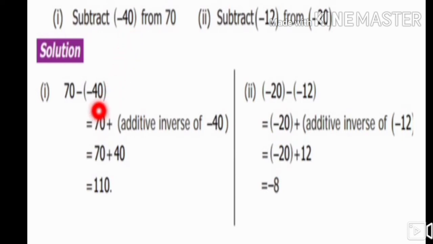As we have learned earlier, subtraction of the negative integer lands up at adding the additive inverse of the second operand, that is 70 minus of minus 40 becomes 70 plus additive inverse of minus 40.